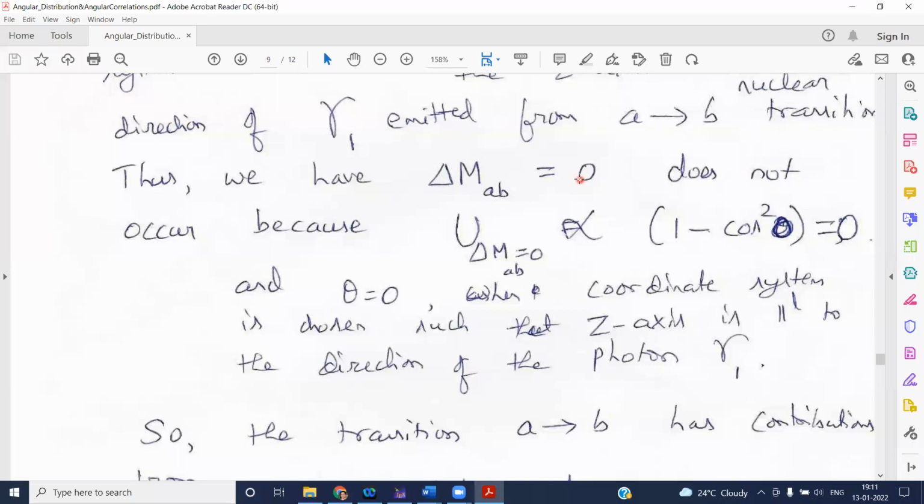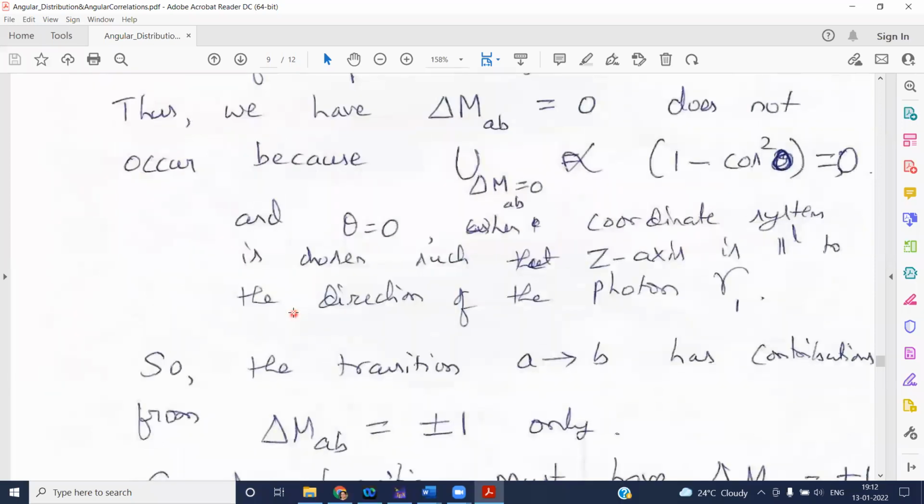Specifically, so you don't get confused, I will tell you a little more clearly, and then I repeat it in the next class so that you will understand what I am trying to say. The transition A to B has contributions from delta MB equal to plus or minus 1 only. I have cleverly removed delta MB equal to 0 by fixing the direction of the gamma ray as the z-axis.